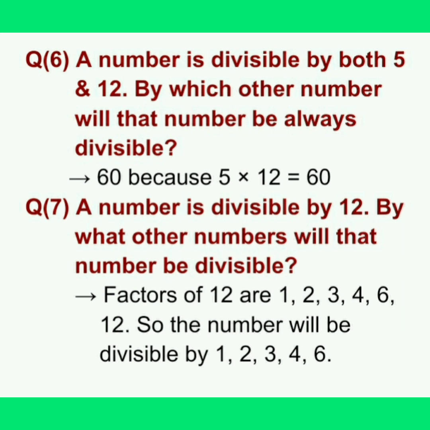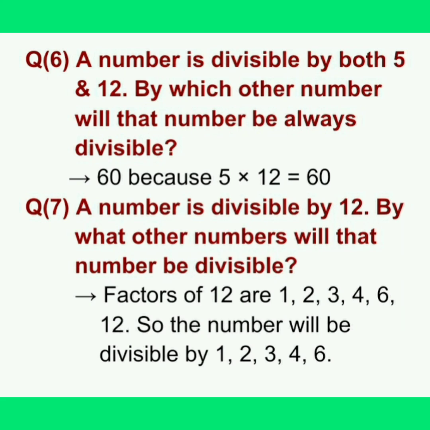Question 6. A number is divisible by both 5 and 12. By which other number will that number always be divisible? We know 5 multiplied by 12 is 60. So if a number is divisible by 5 and 12, then it will be divisible by 60 also.